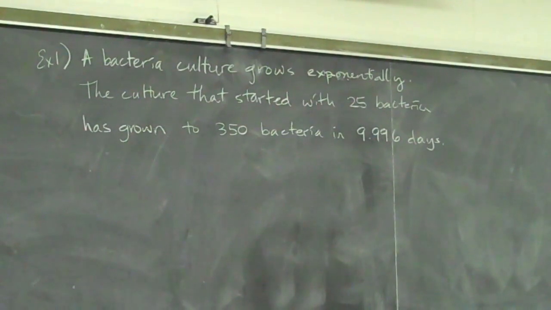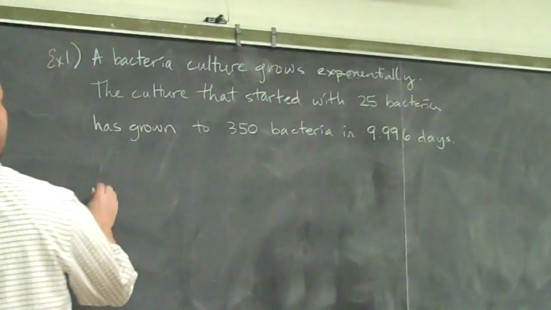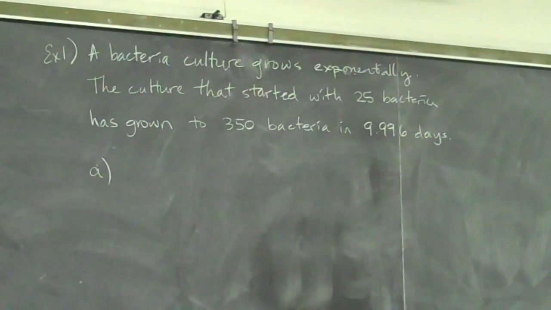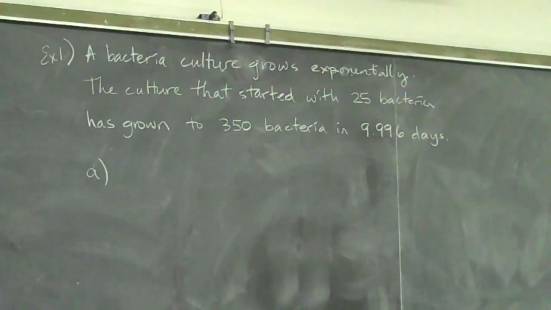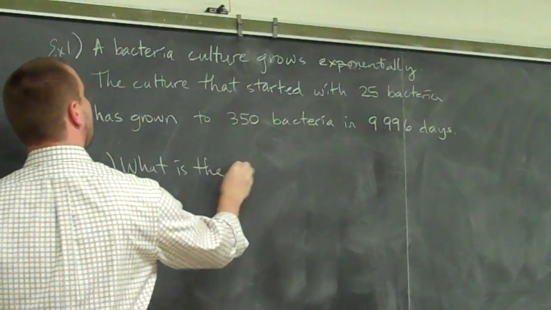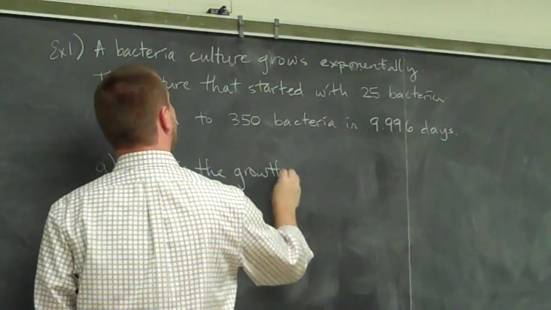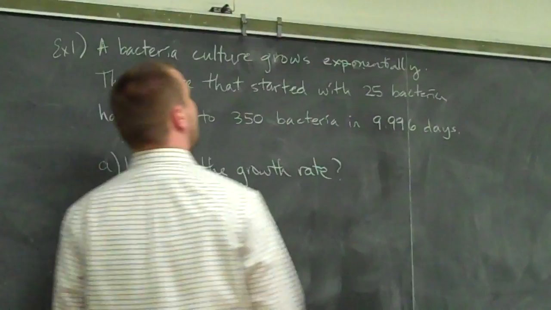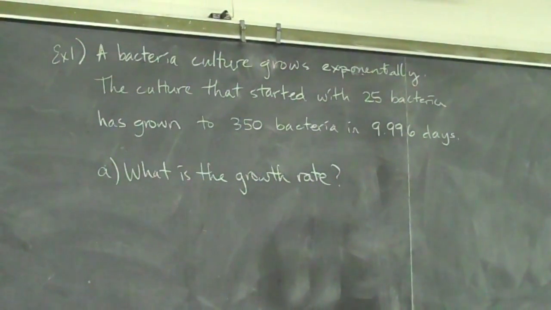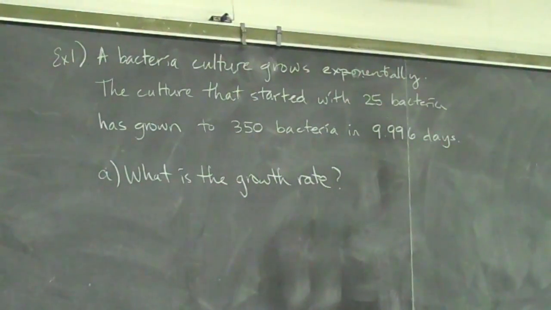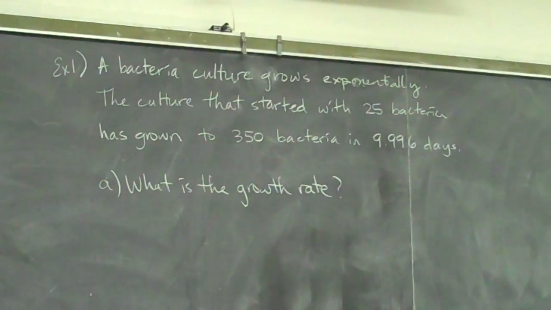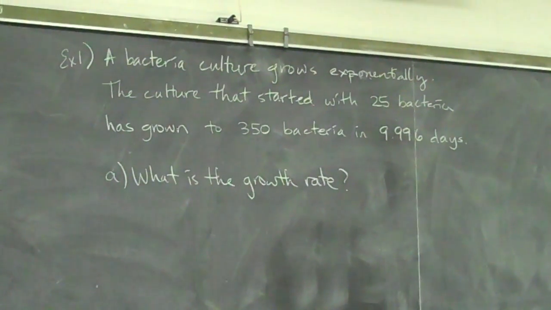Okay, first question that I'm going to ask you. Possibly. Is, what is the growth rate of this bacteria? Now, if you look at the numbers that I gave you versus the variables we had over here, isn't that the only unknown?